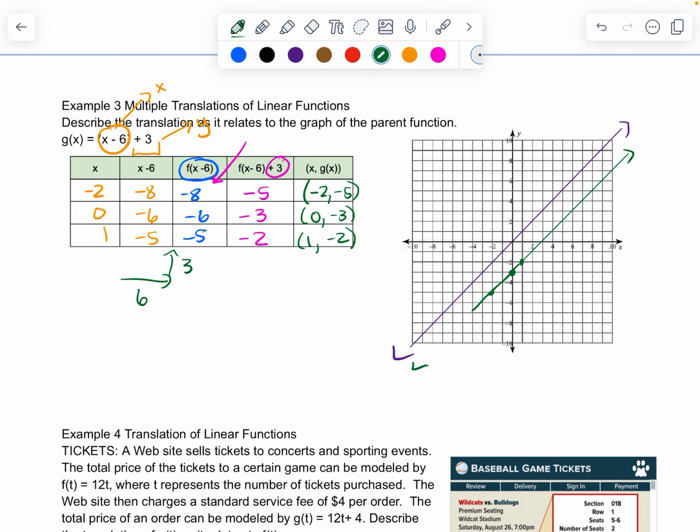Okay. So if I looked at this, it says describe the transformation. G of x equals 6x as it relates to it. Okay, so that means this number is bigger than 1. So it's compressed. Nope, wrong one. It's stretched vertically.